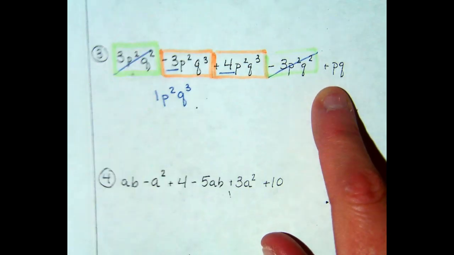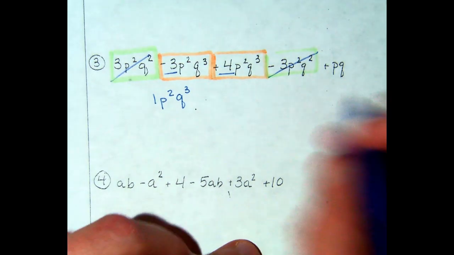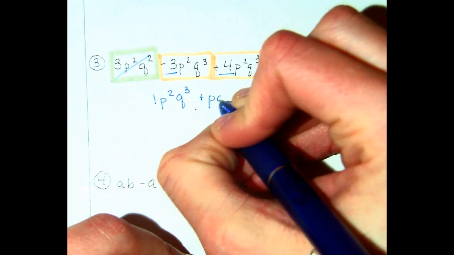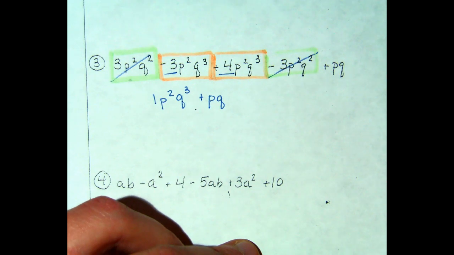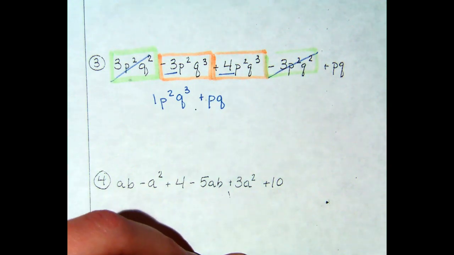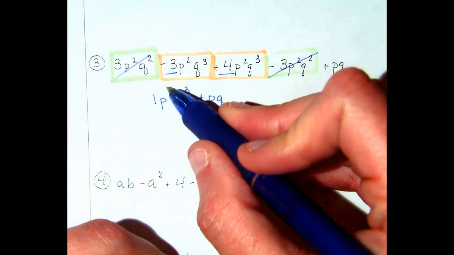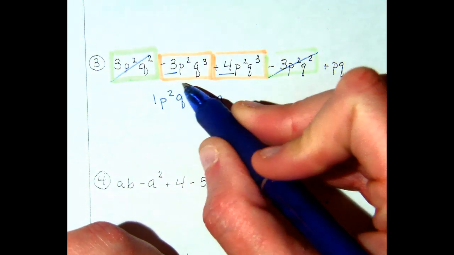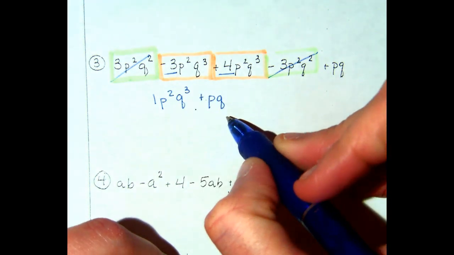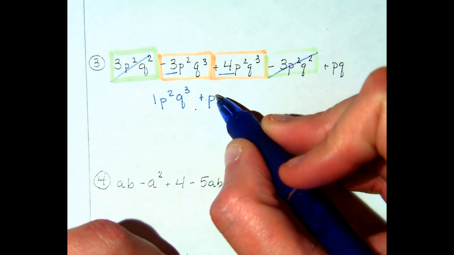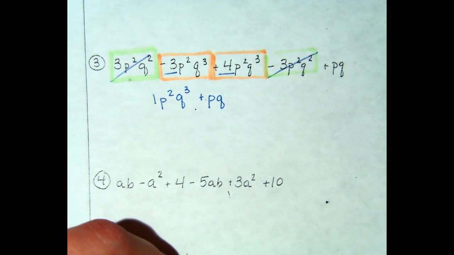Just bring it down. It doesn't have any like terms. Is this in standard form? Yes. Something you should know is that this actually has a degree of 5. You add them together. And this has a degree of 2 because it's 1 and 1. You rarely will have questions like that, but you might as well know it exists.